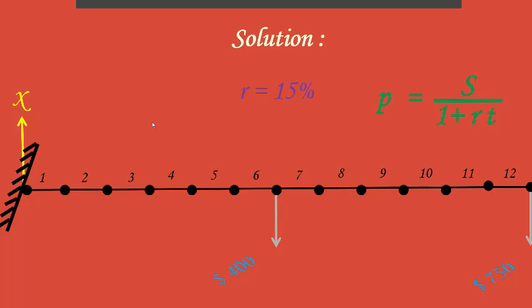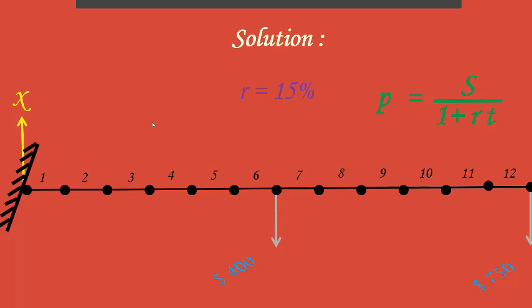Also, if you need to get the amount of X, S equals P times 1 plus RT. We replace P with X times 1 plus R times 0.